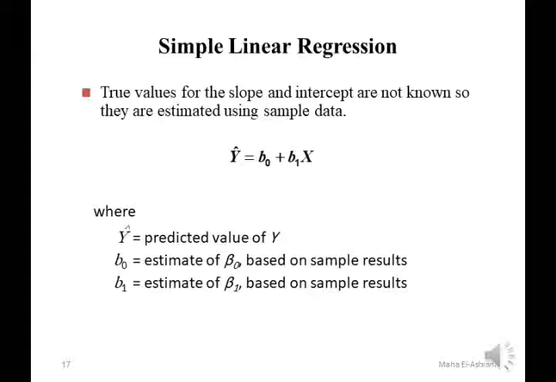So the relation that we're going to use to predict is y equals b naught plus b1 x, and since we have a prediction, we call it y hat equal to b naught plus b1 x. For us, x is the independent variable, and y hat is what we call the predicted value of y. b naught is the y-intercept, b1 is the slope.